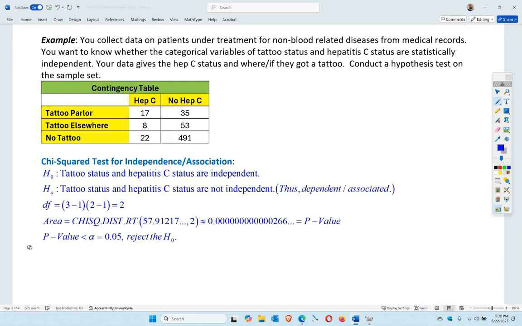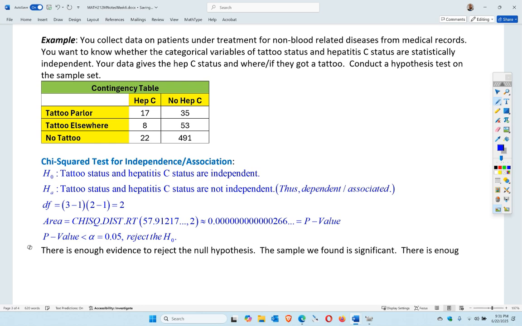So there is enough evidence to reject the null hypothesis. The sample we found is significant.